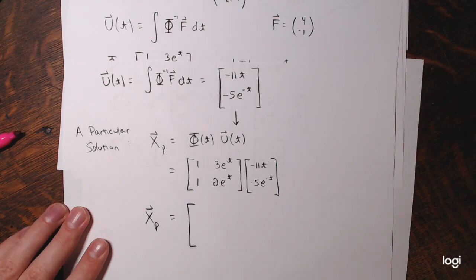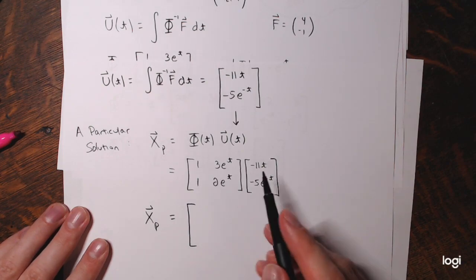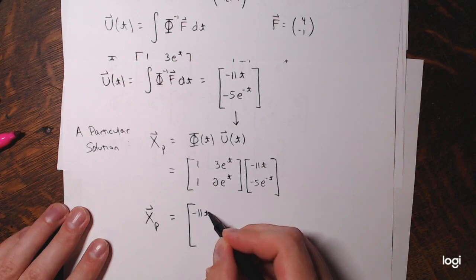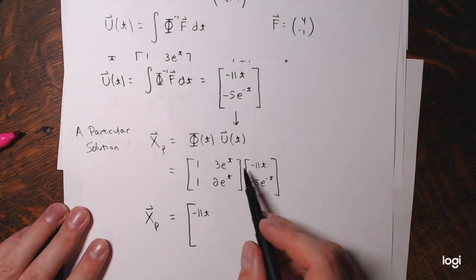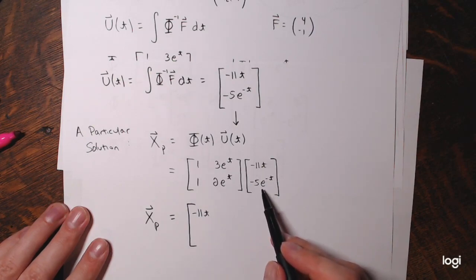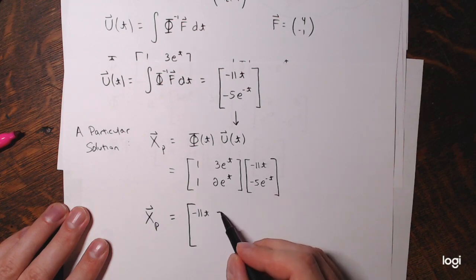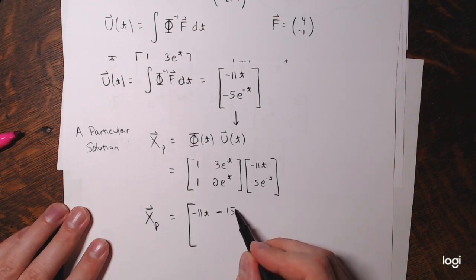And we have negative 11t minus 15 for the first component of our particular solution.